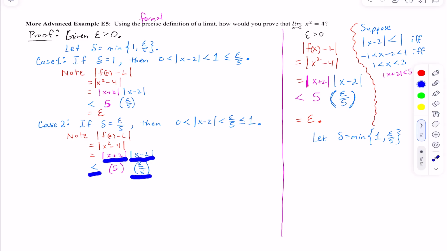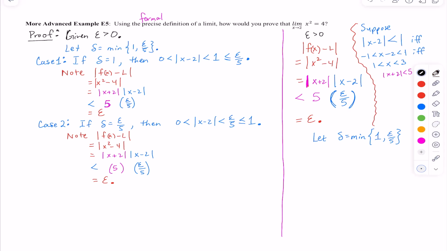So even if this was equal to 5, this will still be less than. Multiply those two quantities together, 5 times epsilon over 5 will get you epsilon. So in either case, the distance between f of x and L is going to be less than epsilon.